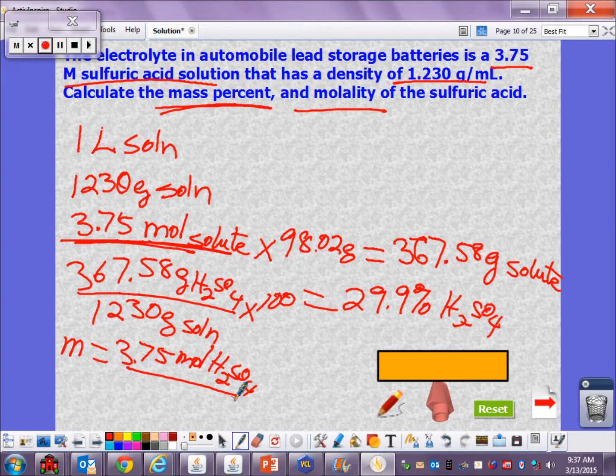Give us the mass of the solvent. Okay, let's do that. This is the mass of the solution minus the mass of the solute, which is 967.58 minus 105.16 grams of this H2SO4.